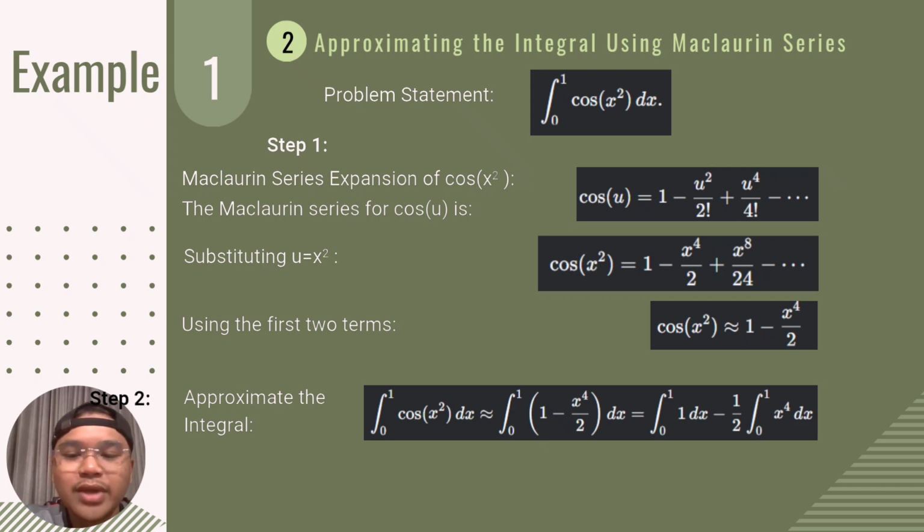Substitute u back with x squared, and then we will get cos x squared equals 1 minus x to the power of 4 divided by 2 plus x to the power of 8 divided by 24. Using the first two terms, we will get cos x squared equals 1 minus x to the power of 4 divided by 2. Now we can approximate the integral. After expanding cos x squared, we can write the integral like this.